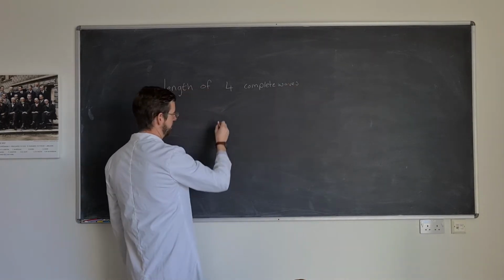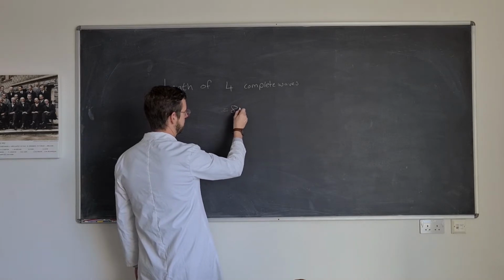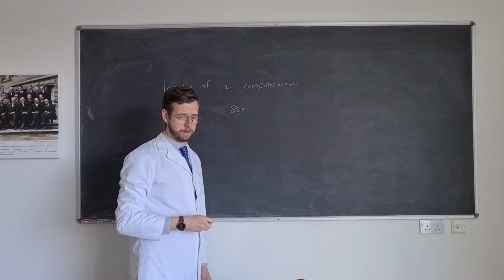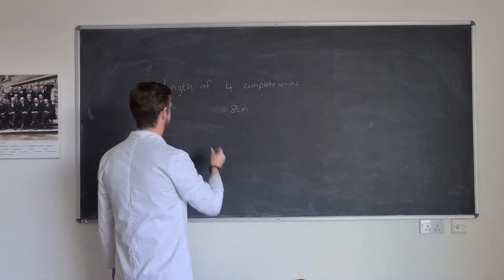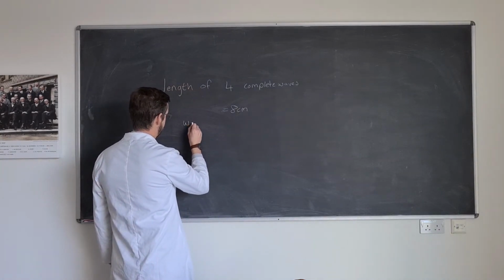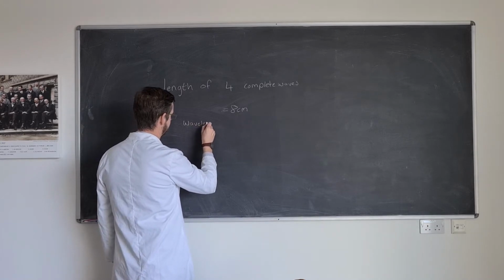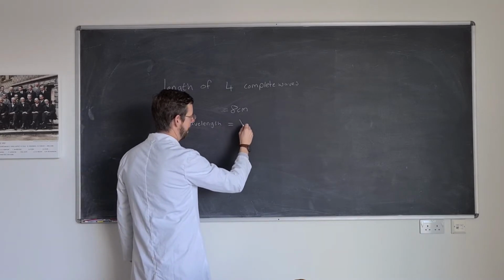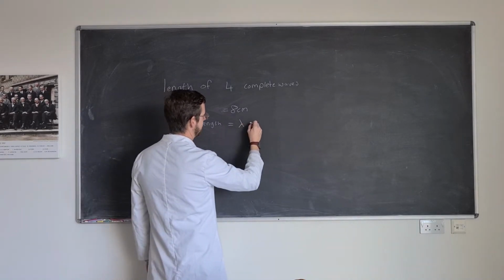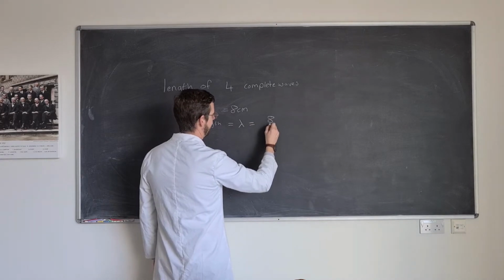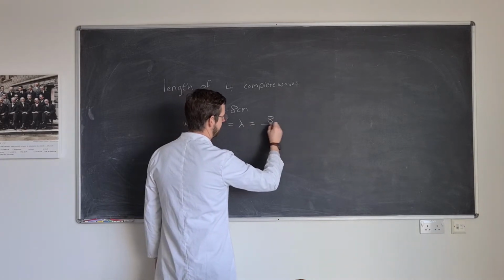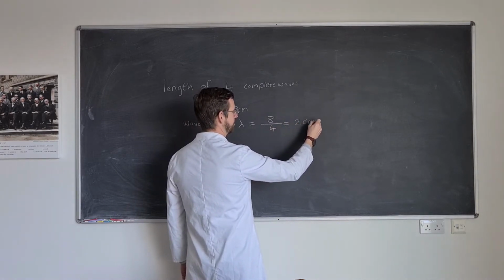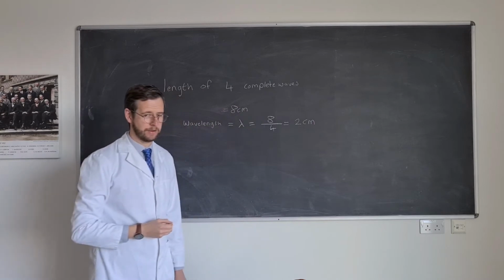If that was equal to 8 centimetres, and this is just an example, so you're going to have to take it from the still image, then what I know is that the wavelength, which is given by the symbol lambda, is going to be equal to 8 centimetres divided by 4, which is equal to 2 centimetres. That is how long each one is.